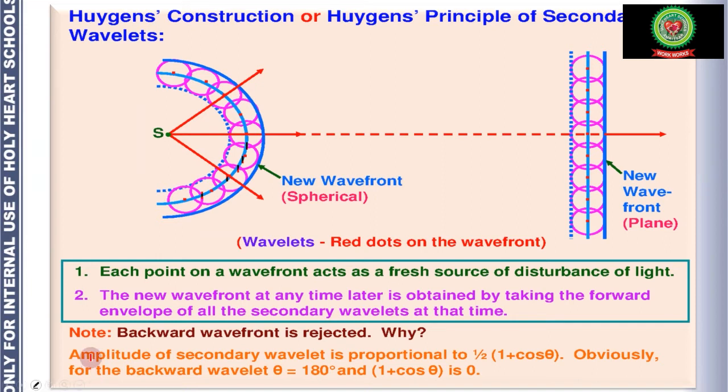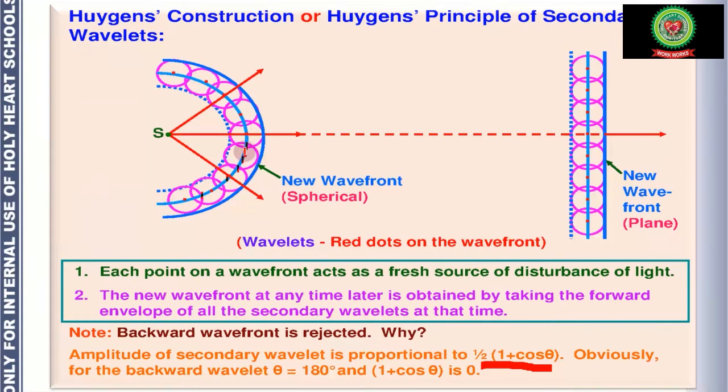The reason is the amplitude of the secondary wavelet is proportional to half of (1 plus cos theta). So this is the relation for the amplitude. Now obviously for the backward wavelet, theta is equal to 180 degrees. If the wave is traveling in the forward direction, then theta will be 0 degrees, and we know that cos 0 is 1, 1 plus 1 gives us 2.